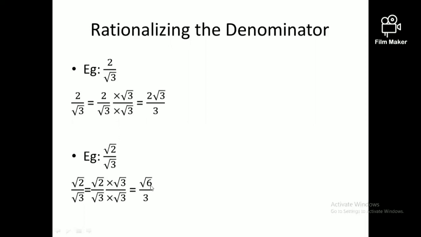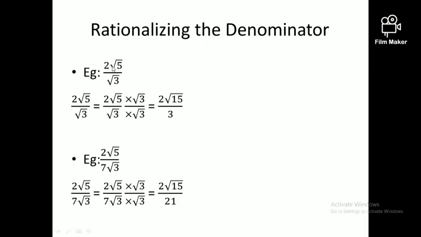If you are not familiar with this, refer to our second video of Surds. I will put the link at the top corner, and it will also be mentioned in the description box. With that you can get a clear idea how to do this multiplication. Then root 3 into root 3 is 3. That is how you get the rationalized version of this irrational number.